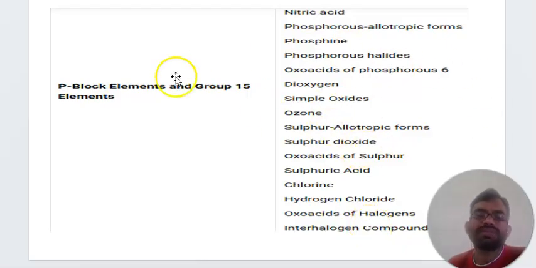These are the subtopics of p block elements and group 15 elements.